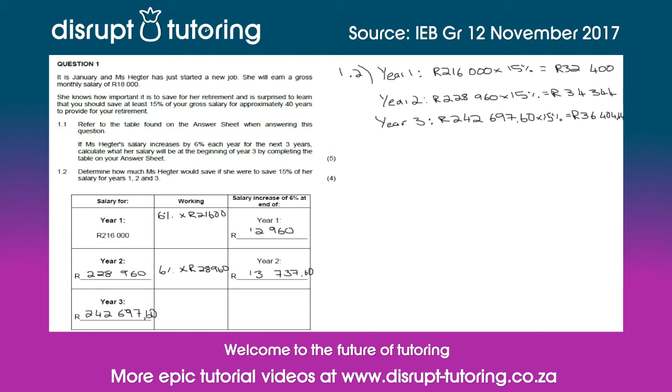So now we need to have your total savings. So we add all of those together. Your total savings will equal the 32,400 plus your 34,344 plus the 36,404 Rand and 64 cents.